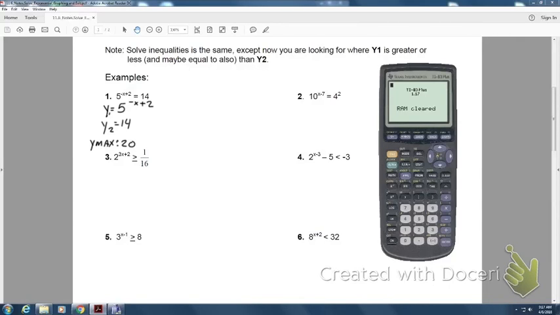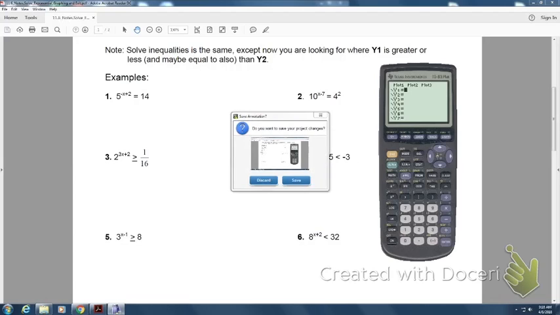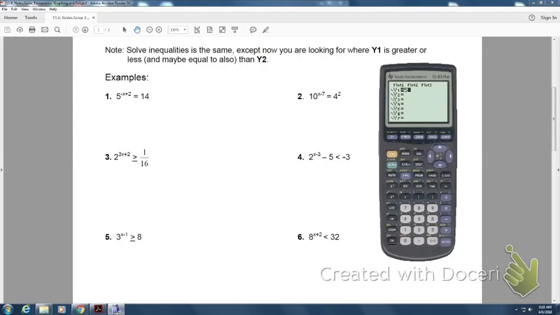I'm going to have to clear everything off so I can access the calculator. But if you're not already doing this, kind of follow along with me. Yours will look different in your calculator because it is more up to date. This one's one of the older operating systems. So I'll go to Window, set my Y max to 20.